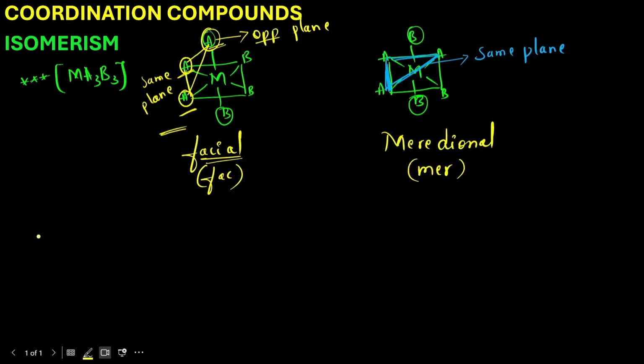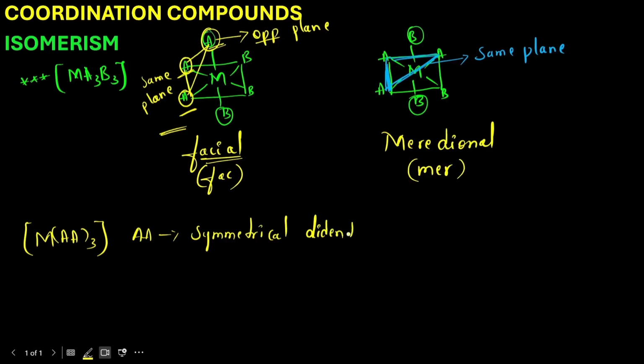Next, we will consider the complex of type M(AA) thrice. AA is a symmetrical didentate ligand. If you write the structure, here we will be having central metal atom M, to which 6 donor atoms are attached, which are identical.